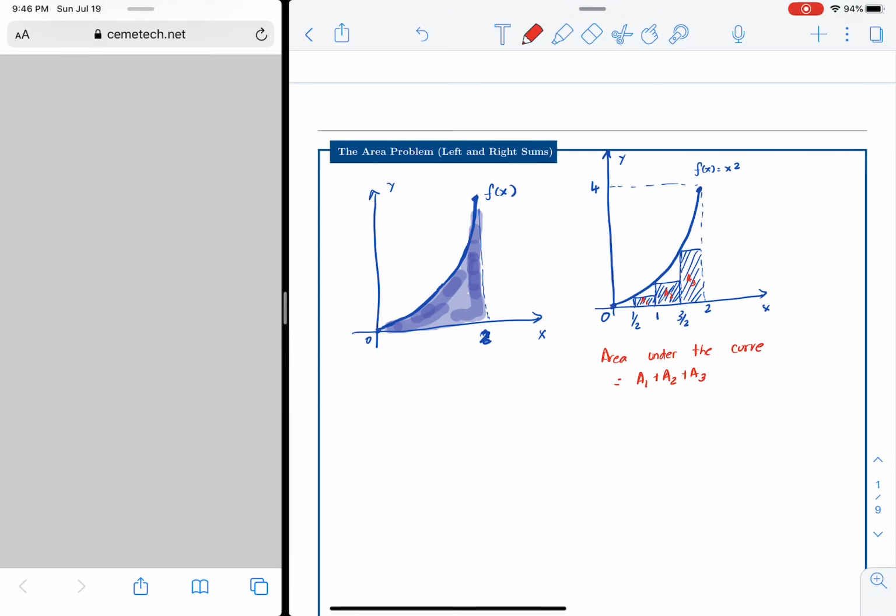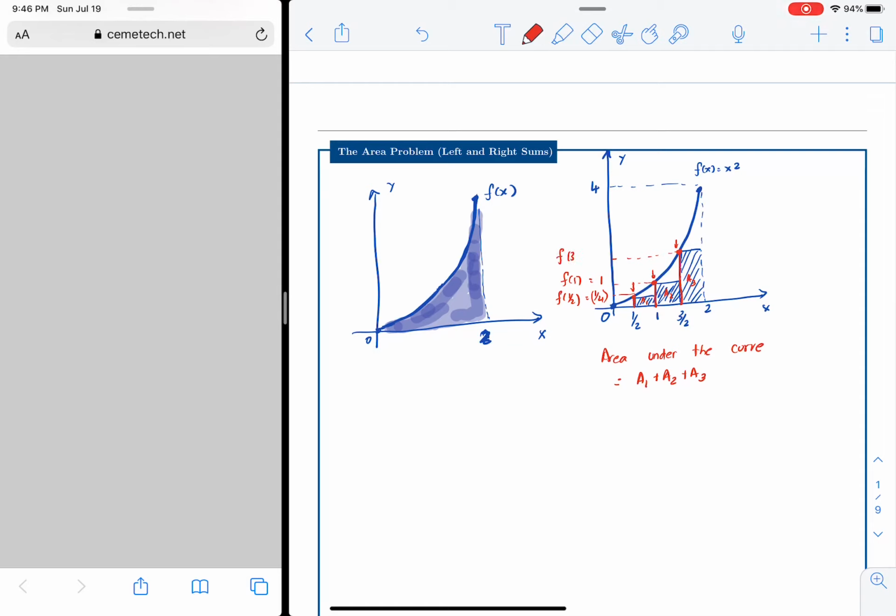So since we started at the left endpoint, the height over here and the height over there and the height over there can be obtained by evaluating the function at those points. So in other words, f of 1/2, f of 1, and f of 3/2. That's simply 1/2 squared. F of 1 is 1 squared, which is 1.